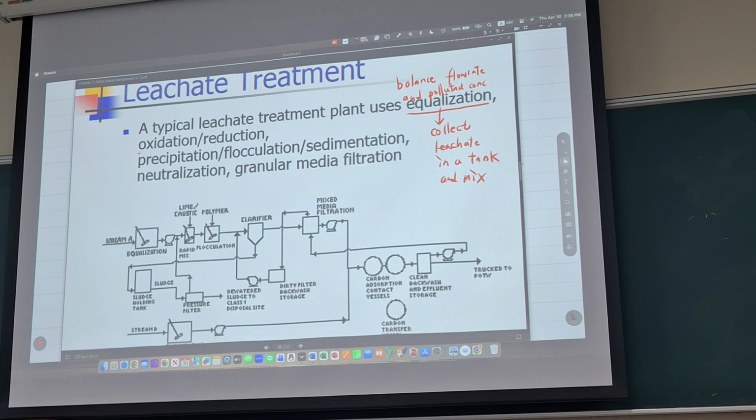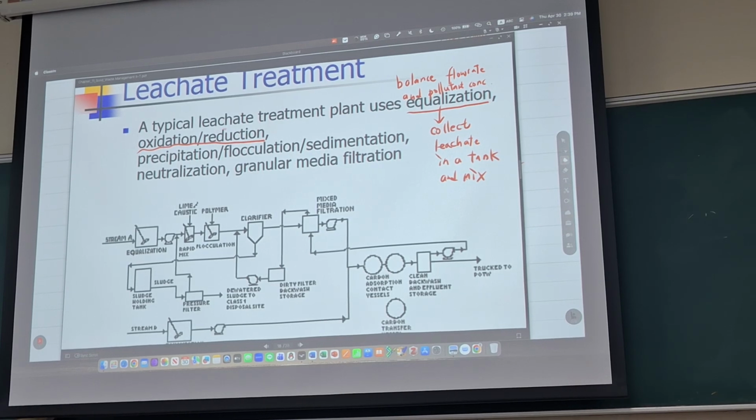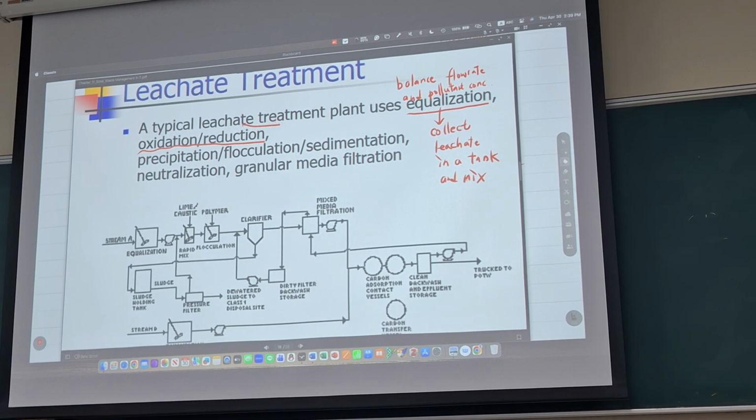And the second step is oxidation reduction. Everyone knows about it, redox, right? So it's a chemical reaction, right? So we want to change the lithium. We said some lithium contains very toxic substance, right? So in this process, we want to convert lithium into less harmful.